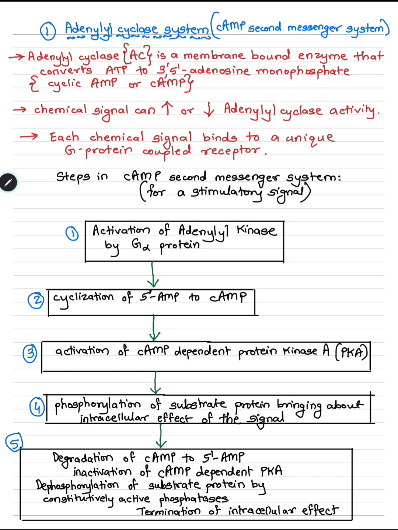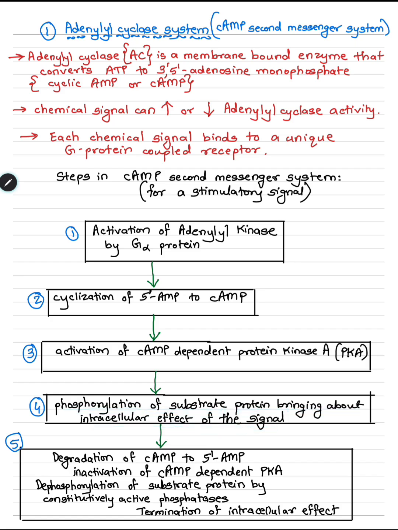So these are the steps in the cyclic AMP second messenger system, and these are for a stimulatory signal. That signal will activate adenylyl cyclase by the G alpha protein, which will cause cyclization of ATP to cyclic AMP. That will activate cyclic AMP dependent protein kinase A, which causes phosphorylation of substrate protein, bringing about the intracellular effect of the signal.